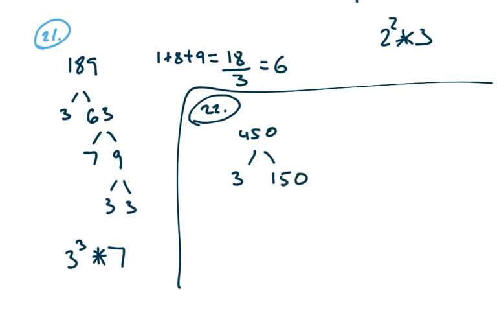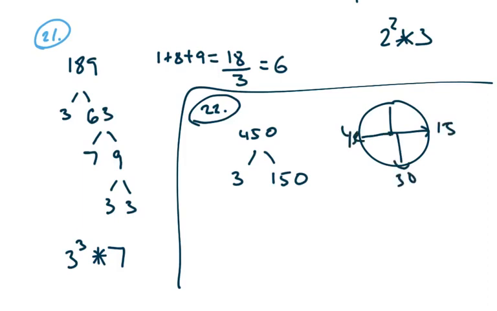You actually know that 45 divided by 3 is 15, because just think of a clock. Each quarter is 15 minutes, so 3 quarters would be 45 minutes. So, relate to the real world, math is pretty easy.